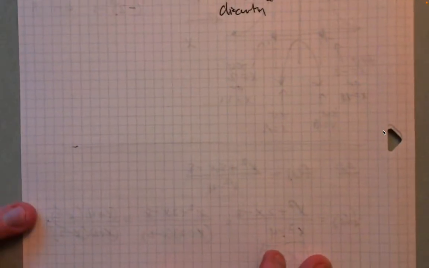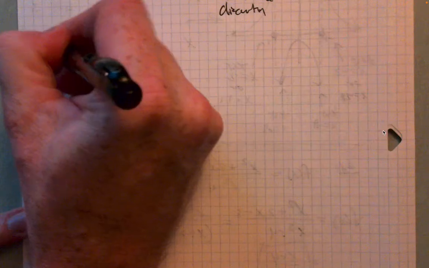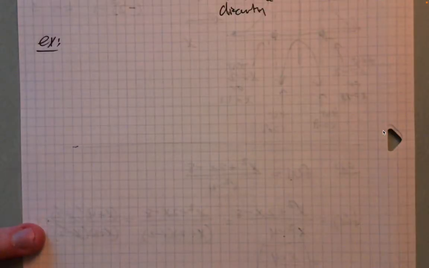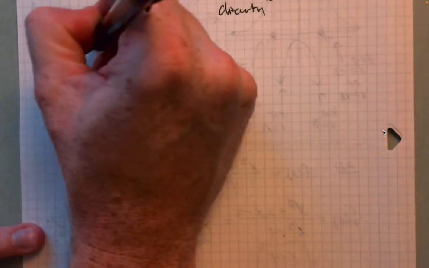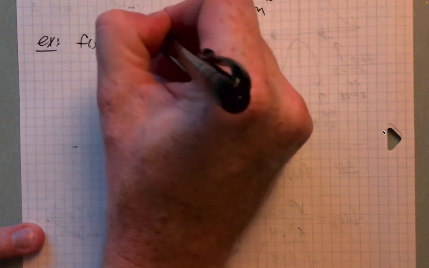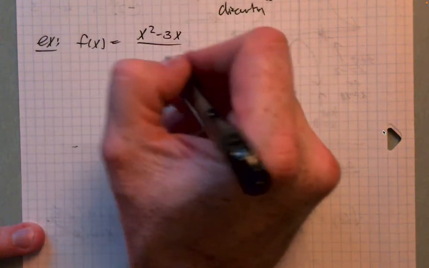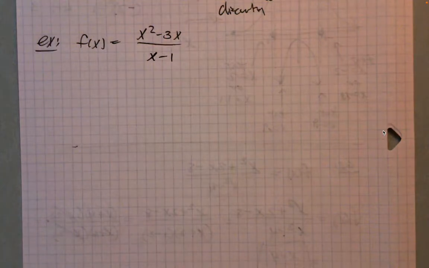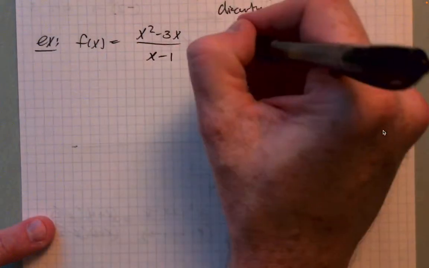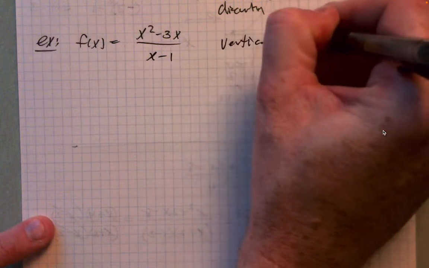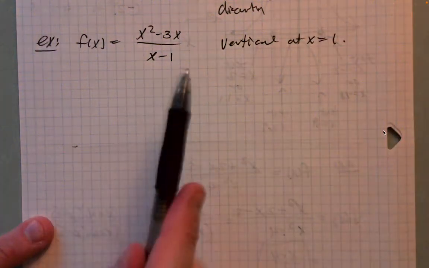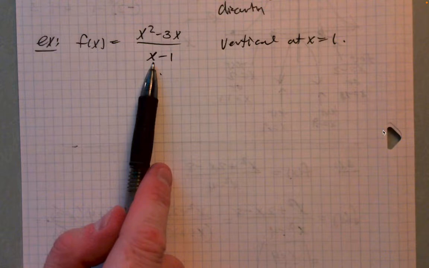Another example. Examples are king. Let's consider f of x equals x squared minus 3x over x minus 1. And so here we can see that f is going to have a vertical asymptote at x equals 1. Right, we can obviously see that the denominator is 0 at x equals 1.